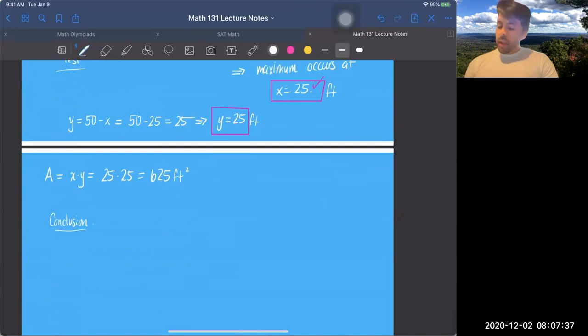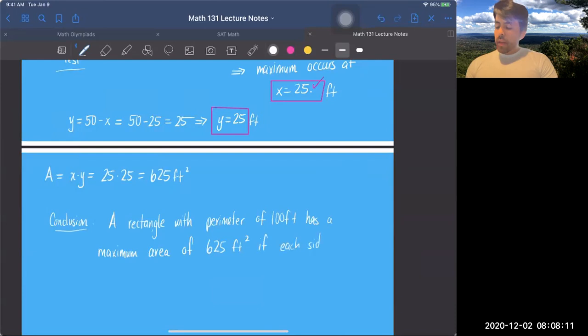The conclusion is that a rectangle with perimeter of 100 feet has a maximum area of 625 feet squared if each side, if I should say, if both the length and width equals 25 feet.